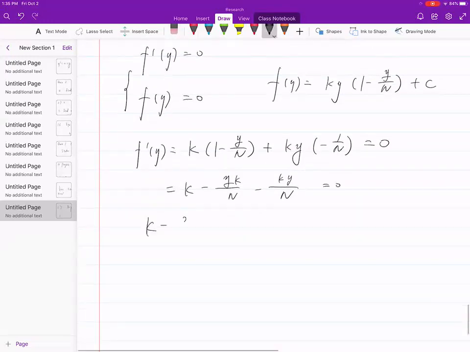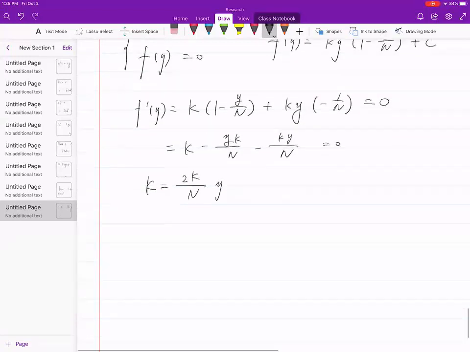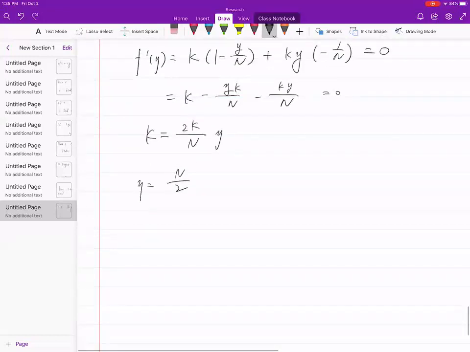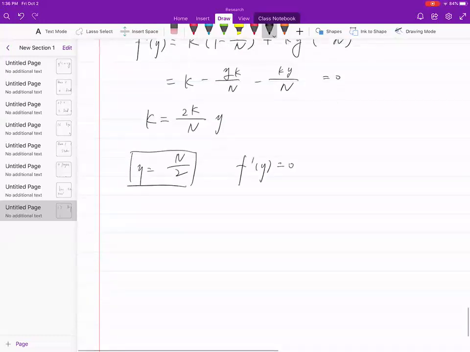k minus 2k over n y equals 0, so y equals n over 2. That is what makes f prime y equal to 0. Now plug it back into f y equal to 0.